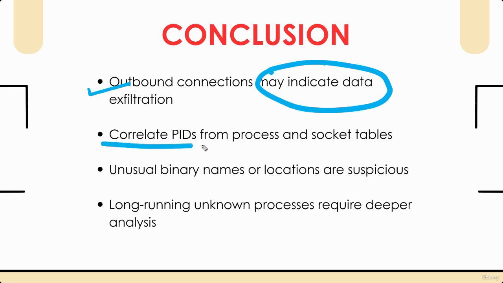We can correlate all the process IDs from the processes and socket tables, and any unusual binary names or locations we can identify, because we were even checking other directories if we want to. Any long running unknown processes may also require deeper analysis.